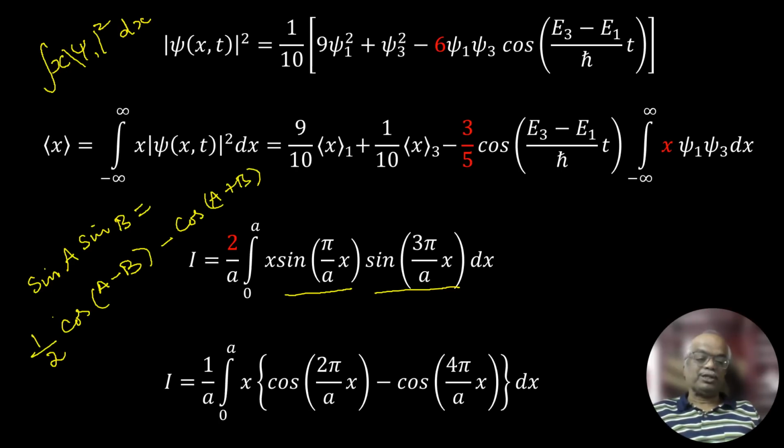Of course, this half is inside the bracket. Everything will come inside the bracket. So applying that formula, this 2 and this 2 will get cancelled. Then we can rewrite this as x multiplied by cos (a minus b). That is cos of a minus b is minus 2 pi over a x. Cos is an even function. So you can very well write this as 2 pi over a x, and this will be a plus b. So this is cos 2 pi over a x minus cos 4 pi over a x, dx.